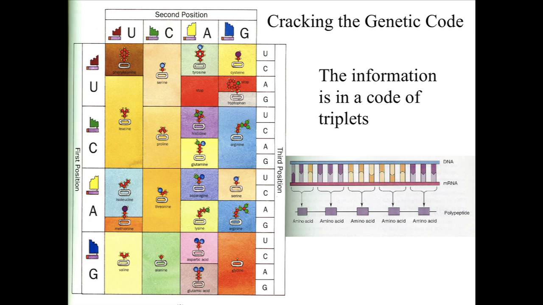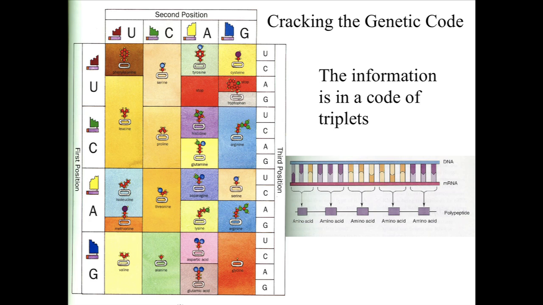And I want to point out something about this particular chart: if you have the first position on this side, the second position on this side, and the third position here, here's that one A, U, G, or in the DNA it would be A, T, G, reading for methionine. So AUG spells for methionine, and that's typically the start site of any gene. AUG will code for methionine.